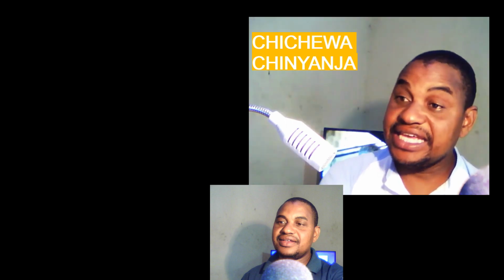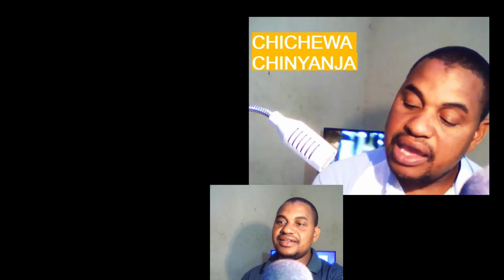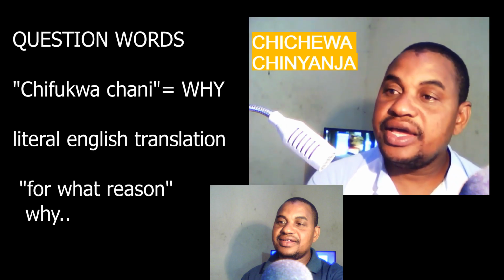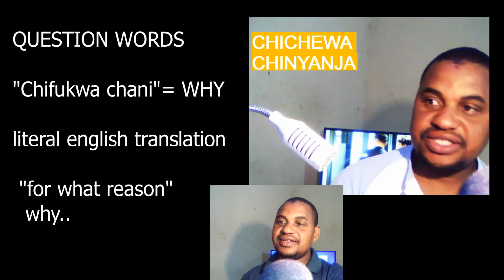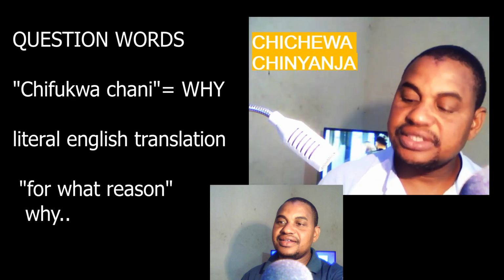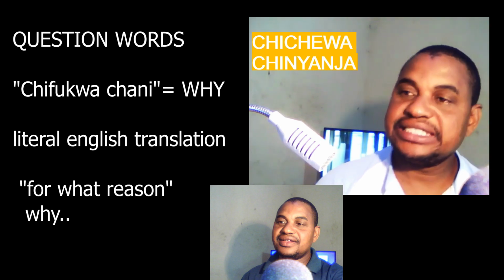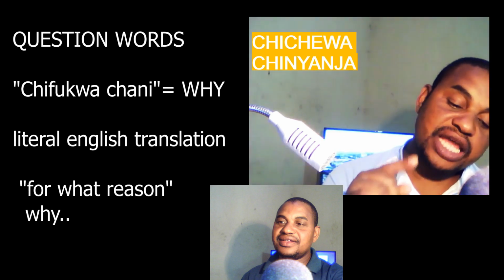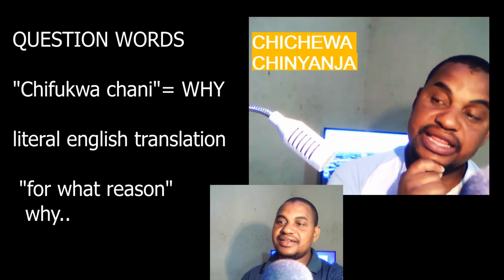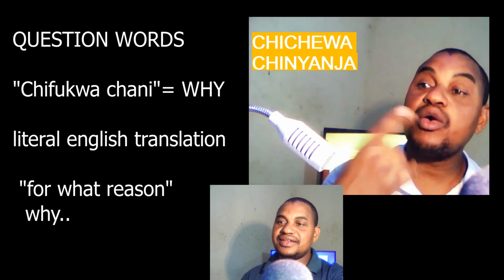The next word, possibly the last one of the interrogative words, is why in English. But in Chichewa this is represented by two words that are married. Chifukwa Gian. The same Gian that we found at the beginning, meaning what.